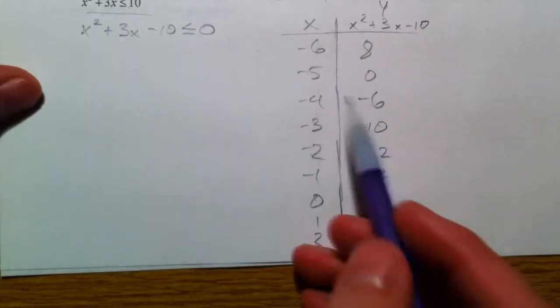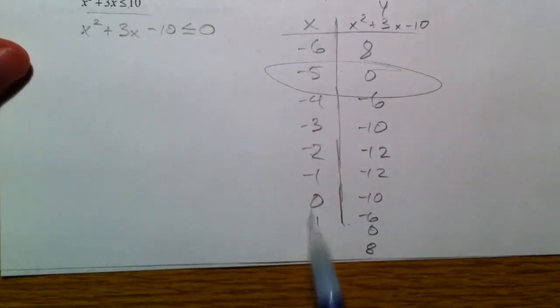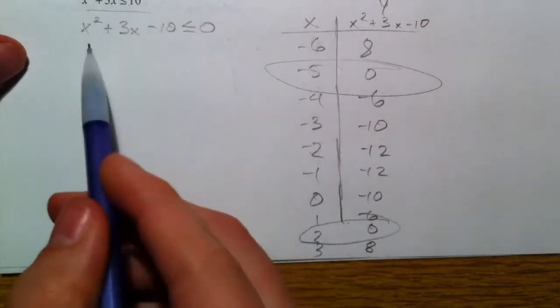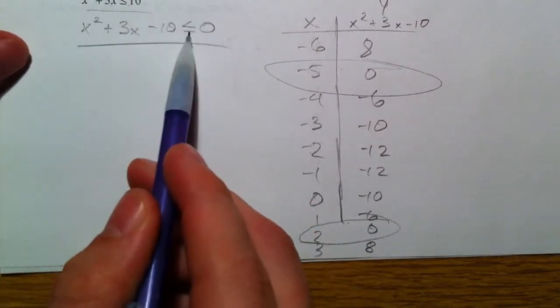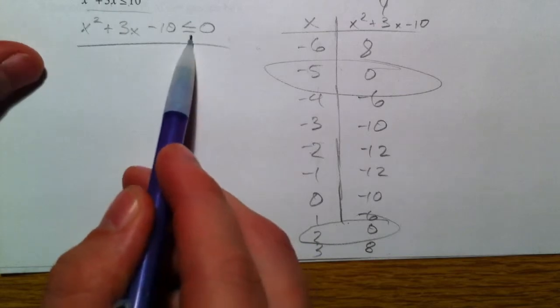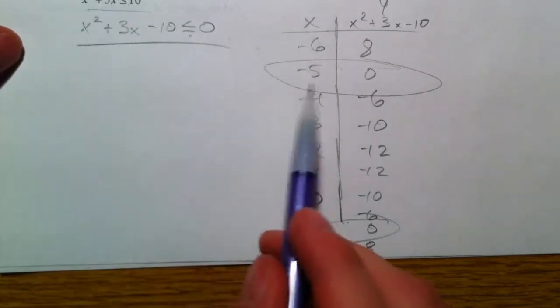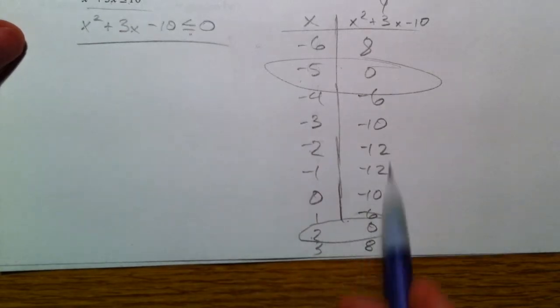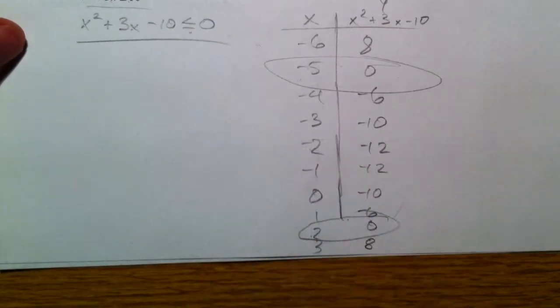So, what I mean by using this table: negative 5, 0, and 2, 0. We want to answer the question, what x values give us a value less than or equal to 0? Well, negative 5 gives us 0, and 2 gives us 0, and then all of these values in between are negative.